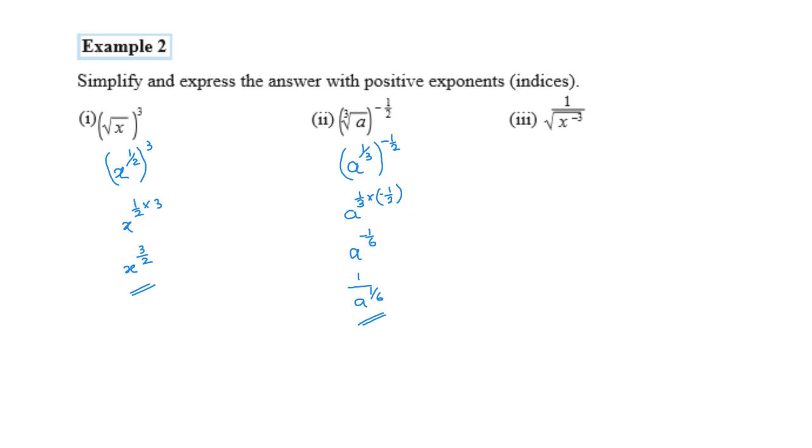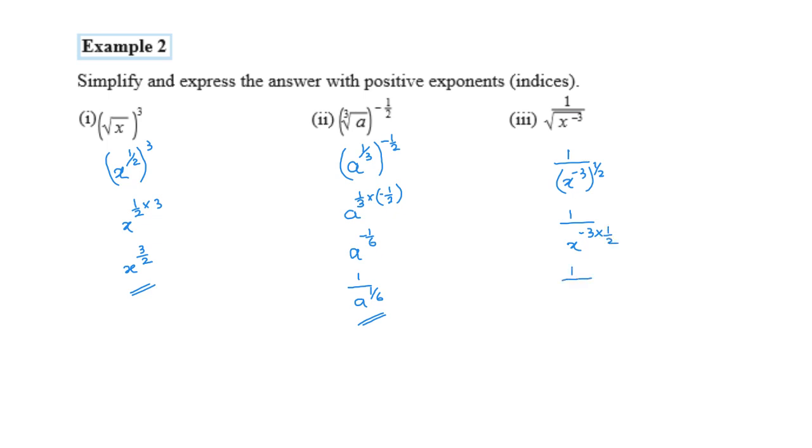Example 3, you have here square root and minus 3 power. So 1 over x to the minus 3, square root, you can write as half power. So then 1 over x to the minus 3 times half.